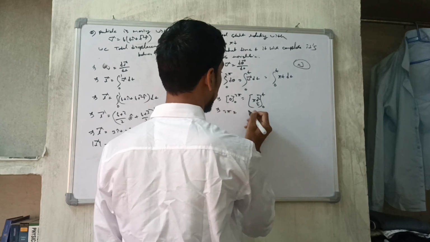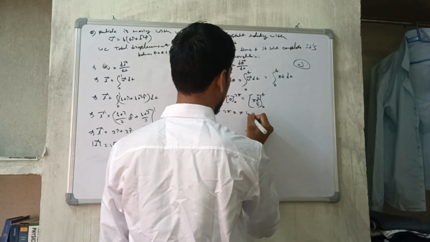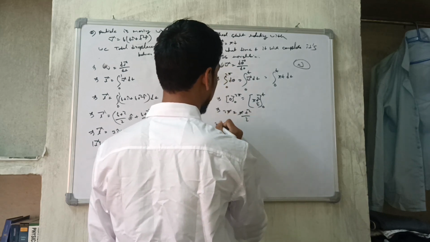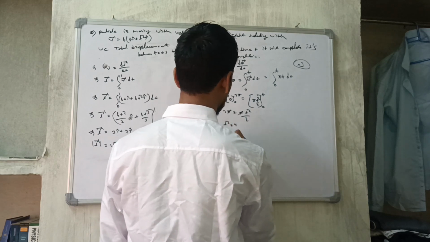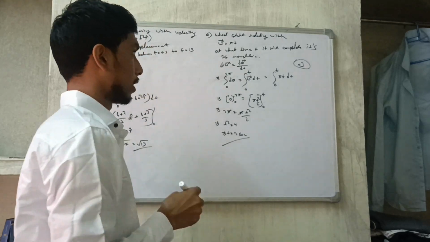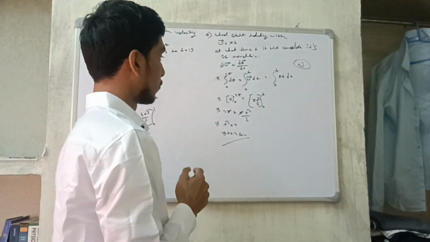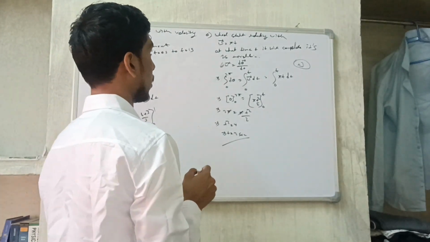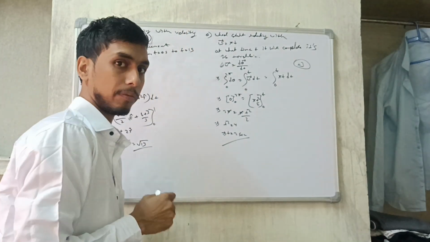So 2 pi equals pi t squared by 2. Pi cancels out and t squared equals 4, so t equals 2 seconds. In 2 seconds the wheel completes its first revolution.